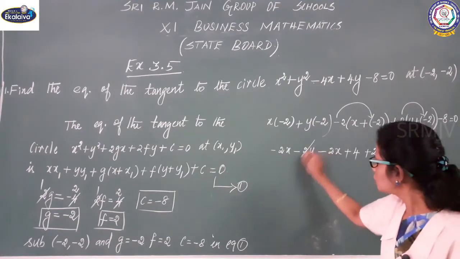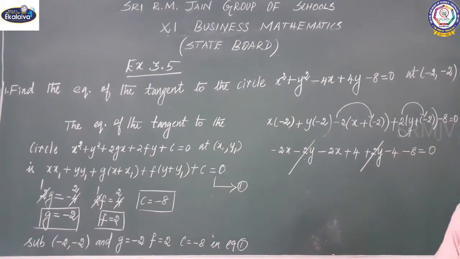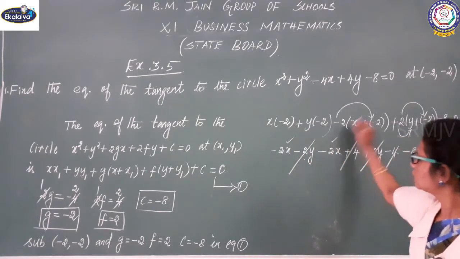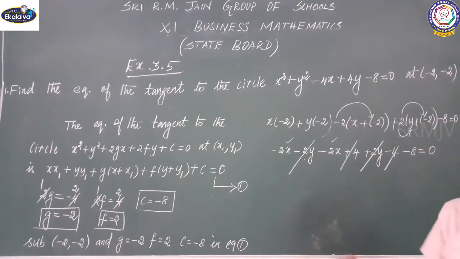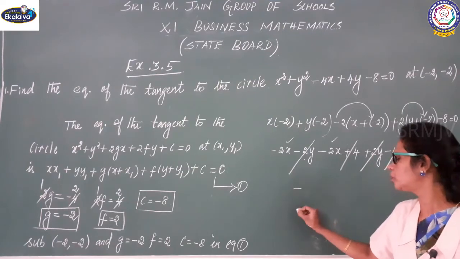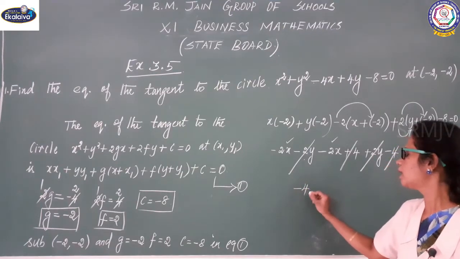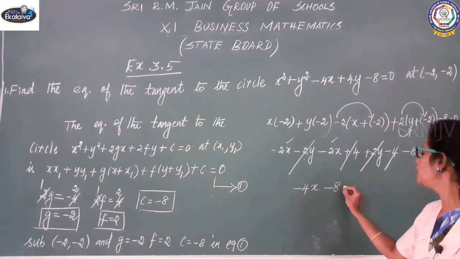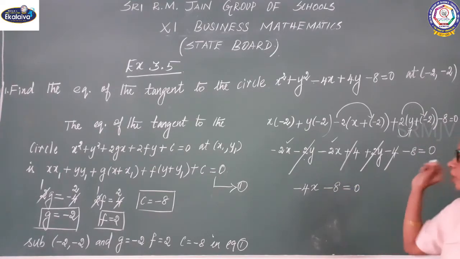Minus 2y plus 2y cancel. Plus 4 minus 4 cancel. Then minus 2x, both are the same sign, so you add and put a negative symbol, that is minus 4x, then minus 8 equal to 0.